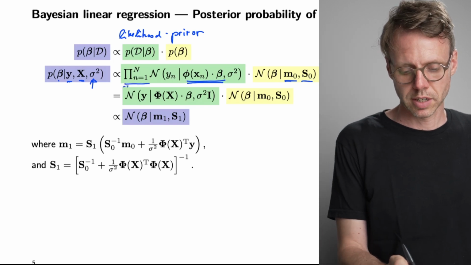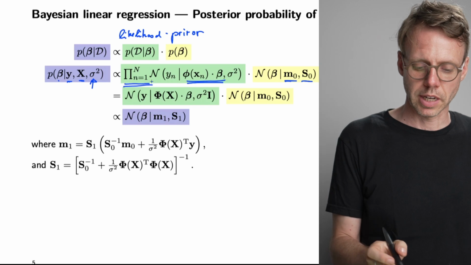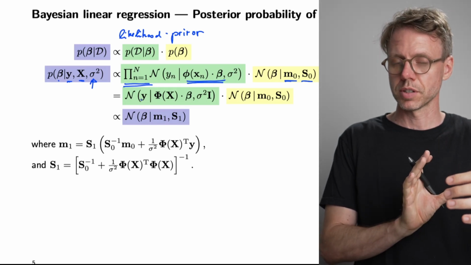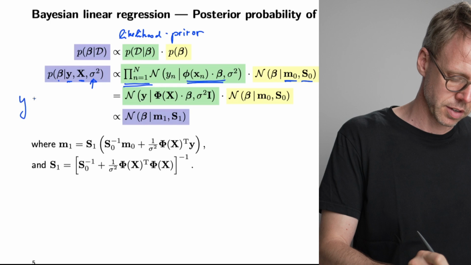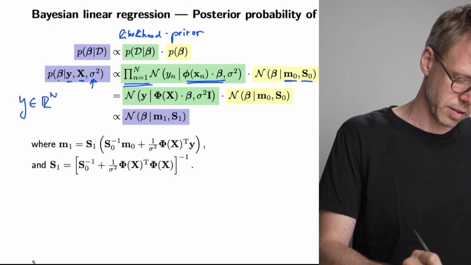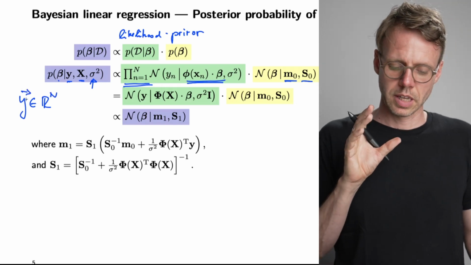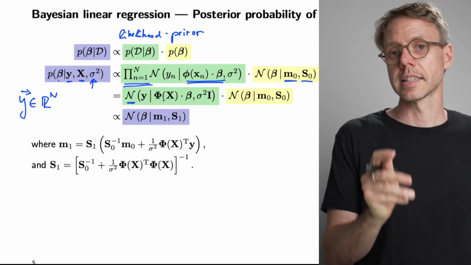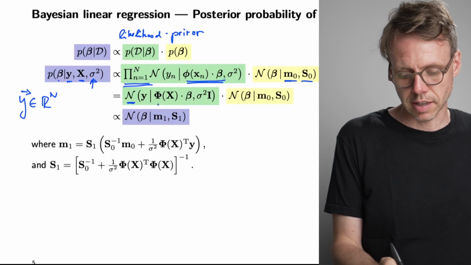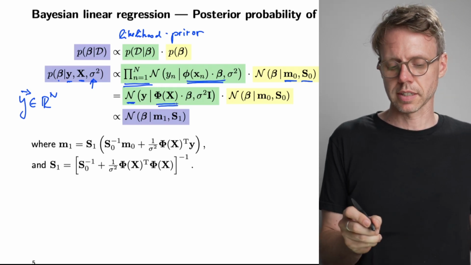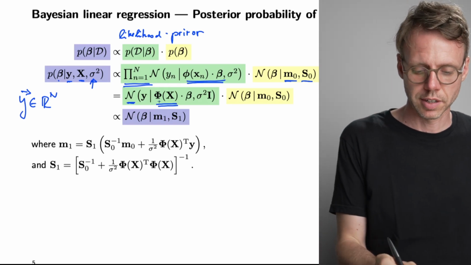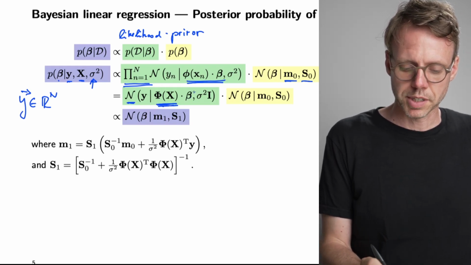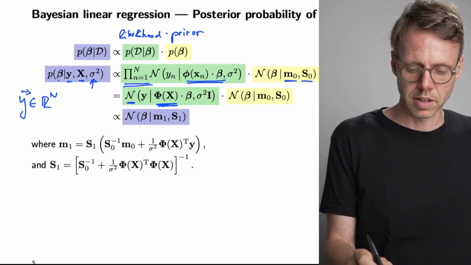Alternatively to writing the product over n normal distributions, we can also say that the vector of all y values, so that's an n-dimensional vector, is following a multivariate normal distribution that has a mean vector that is given by the matrix of all the phi of x's, so that's the design matrix of our linear regression, times the same regression weights.